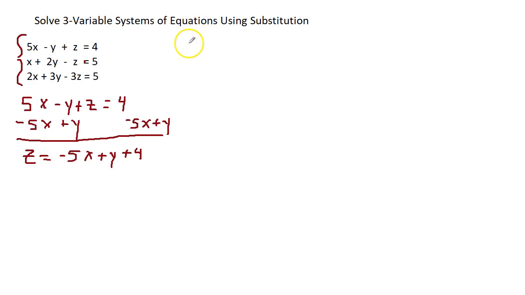So I'm going to take the second equation and I'm going to substitute my expression for z. So I have x plus 2y minus, parenthesis, in place of z, I put negative 5x plus y plus 4, close my parentheses, and then I continue writing the equation, equals 5.